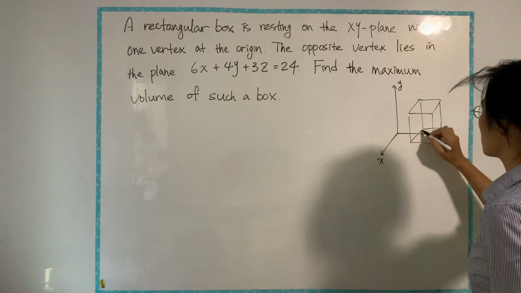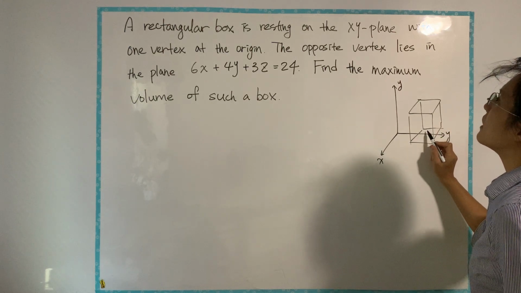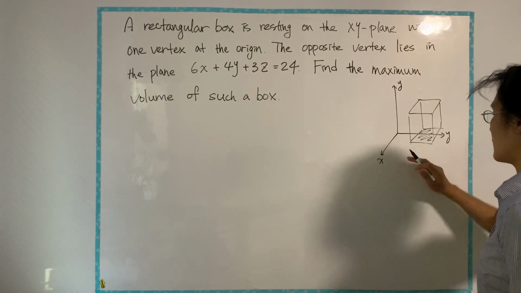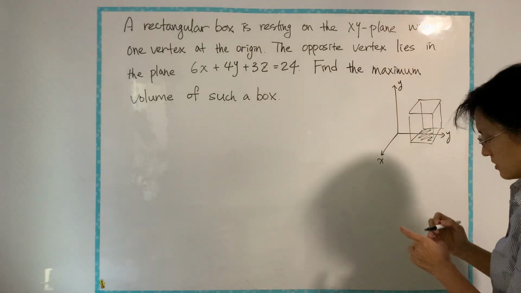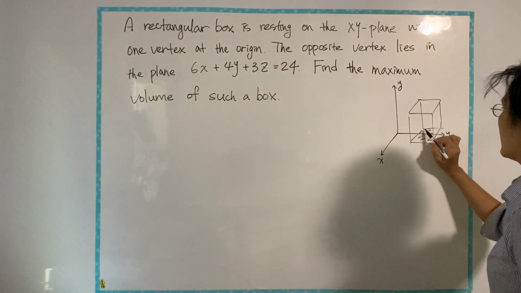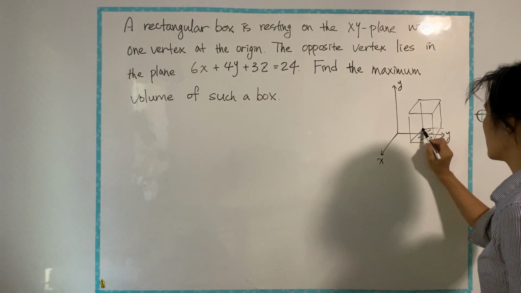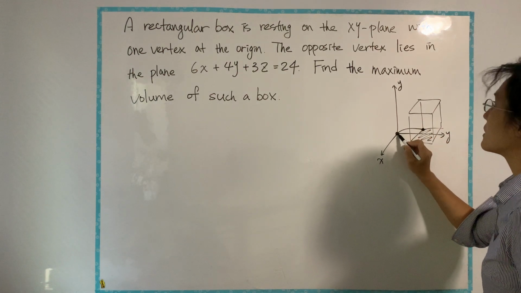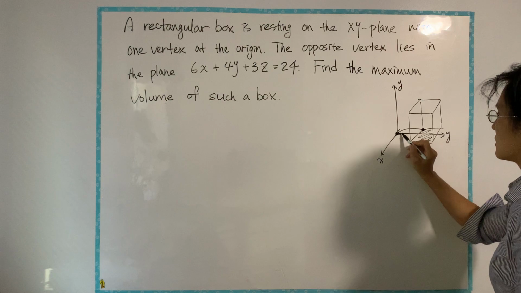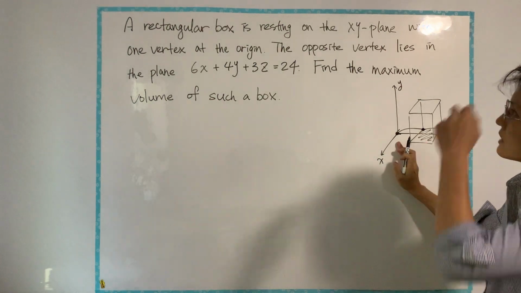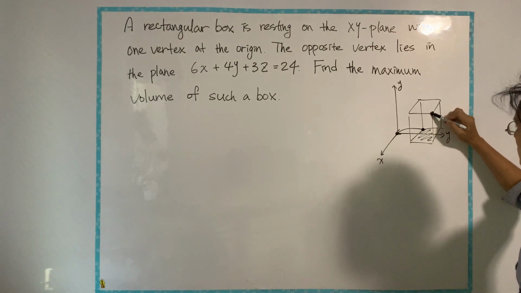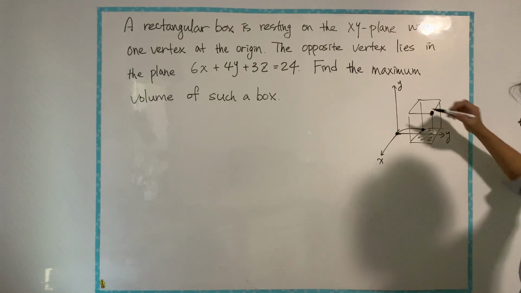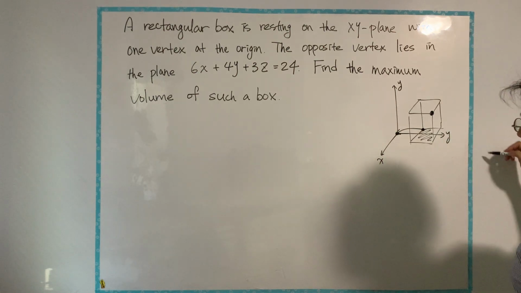And according to the problem, it's resting on the xy plane, not floating around in space. Moreover, I have one vertex at the origin, and its opposite vertex lies in a plane, right?